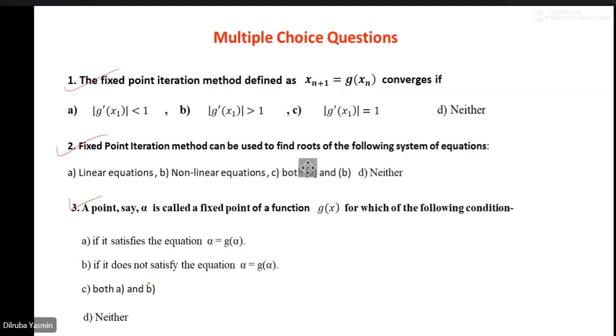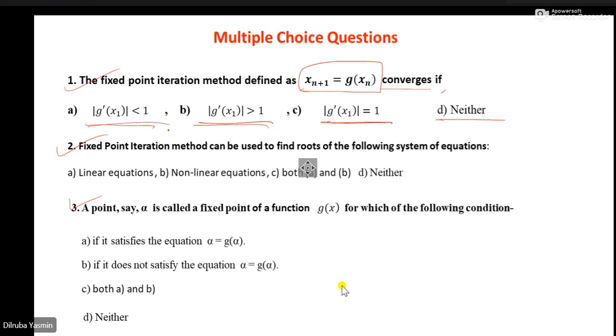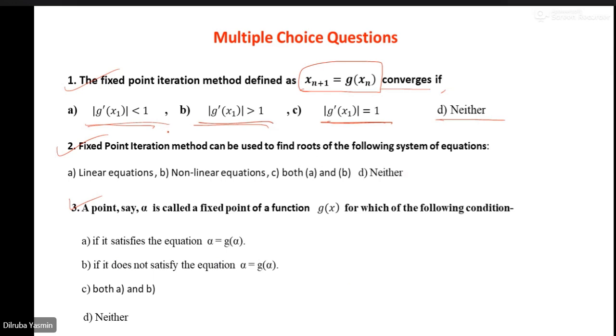So look at here, the fixed point iteration method is defined as this one, that converges if... What is the correct answer? Look at this option. Which one is the condition to converge this iterative formula? Less than or equal to one.